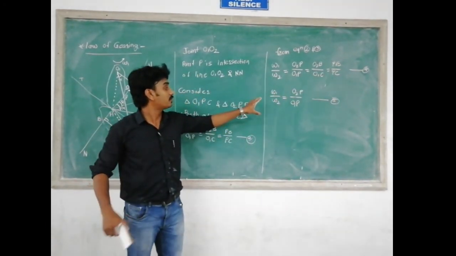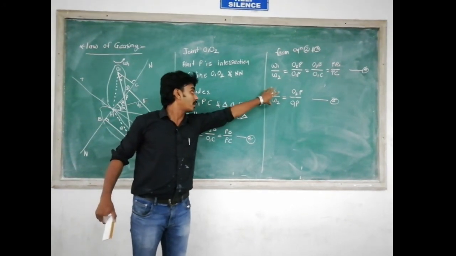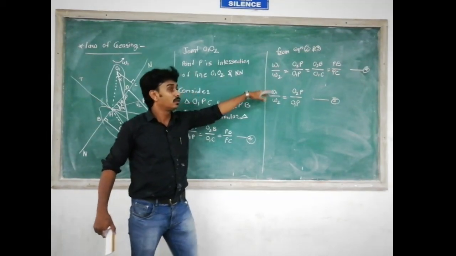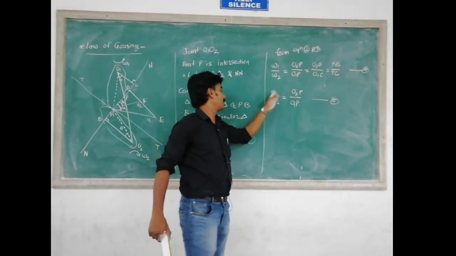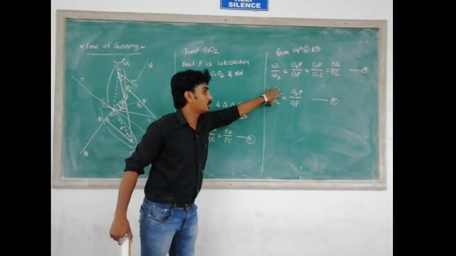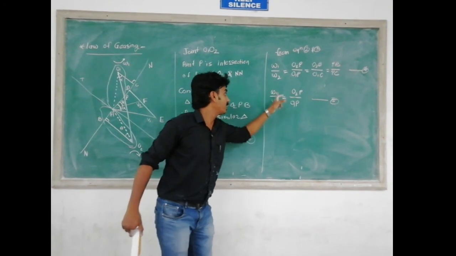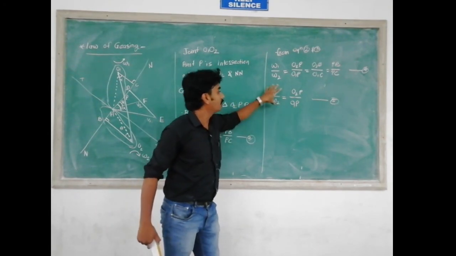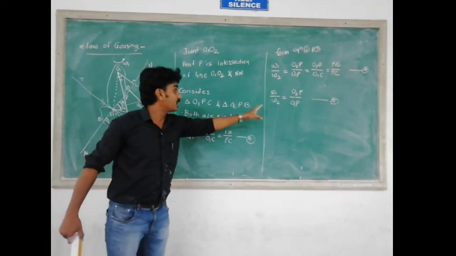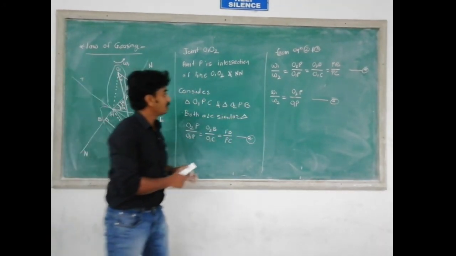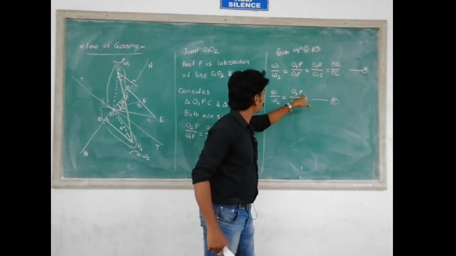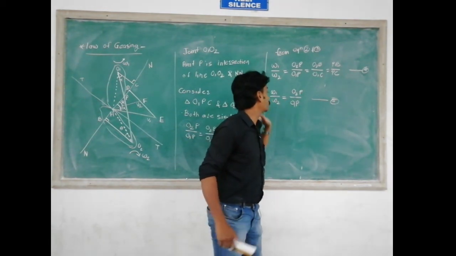From equation 5, we see that omega 1 is in the numerator and omega 2 is in the denominator, which means the ratio of angular velocities of the two gears is inversely proportional to the distance of point P from the two centers.